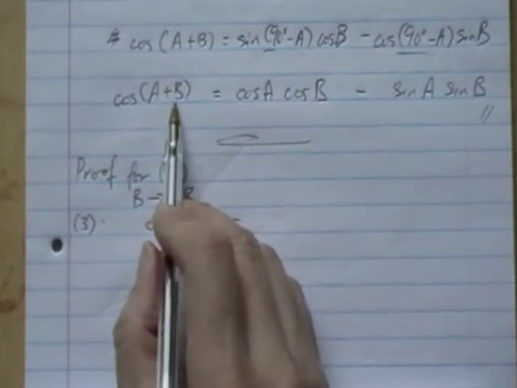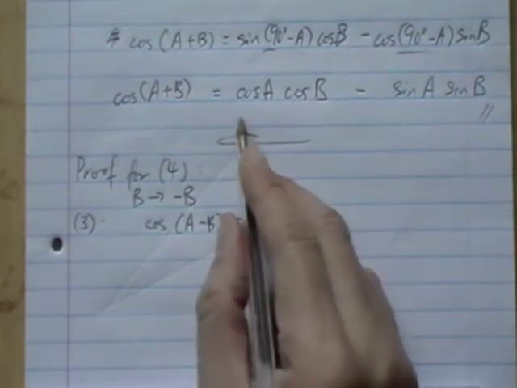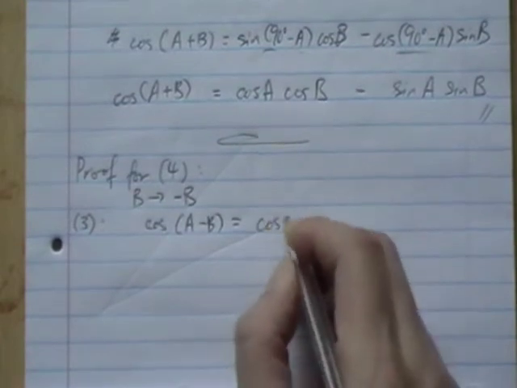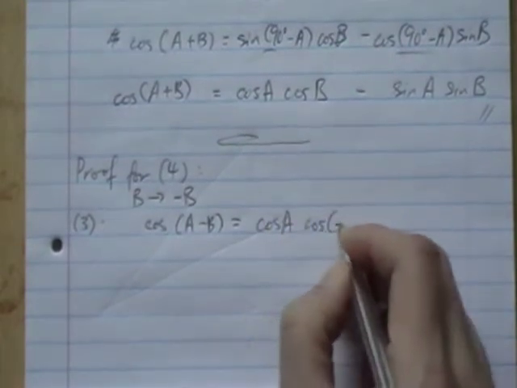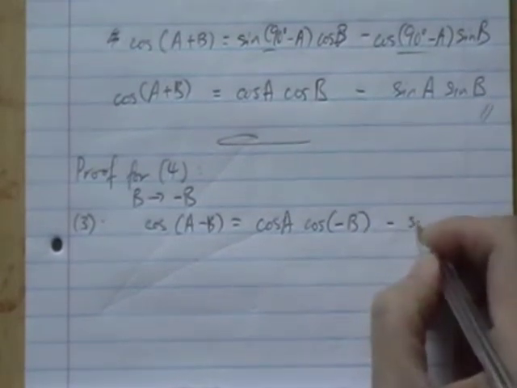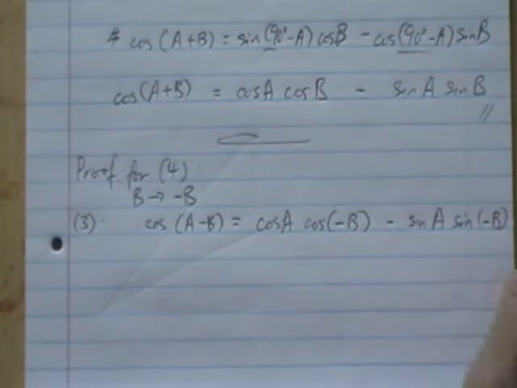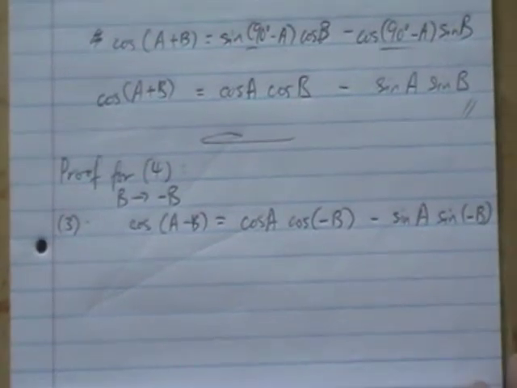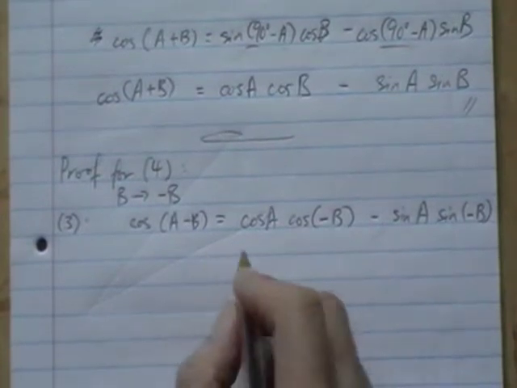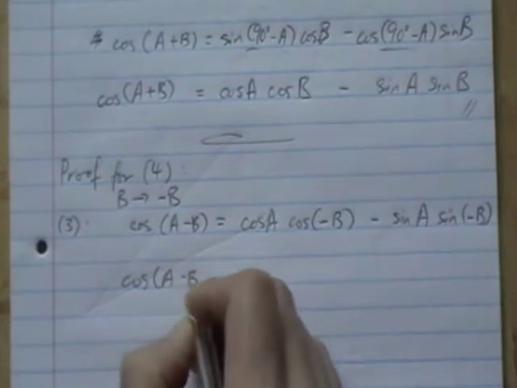Alright, the b changed to minus b. And now cosine of a, cosine of minus b, sine of a, sine of minus b.